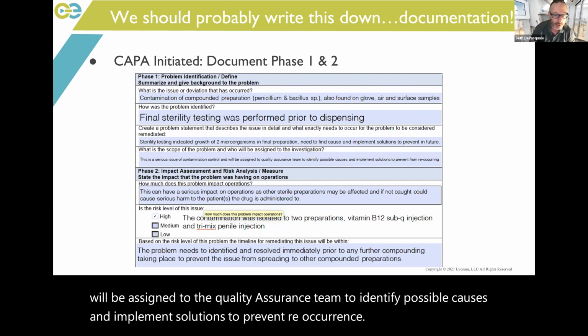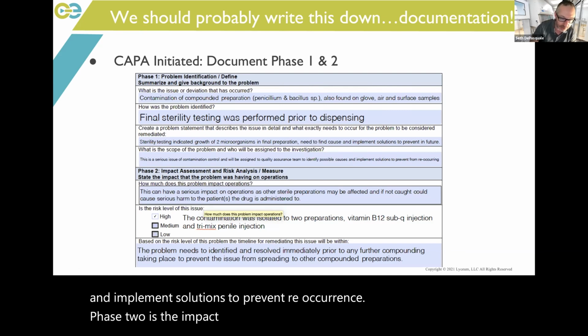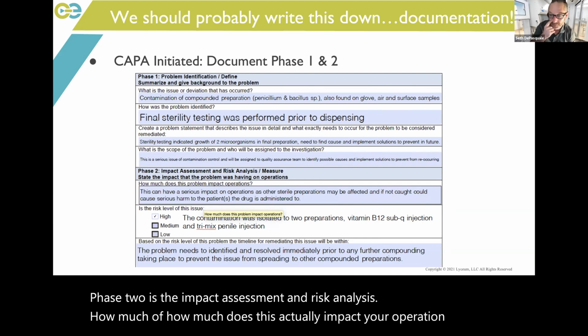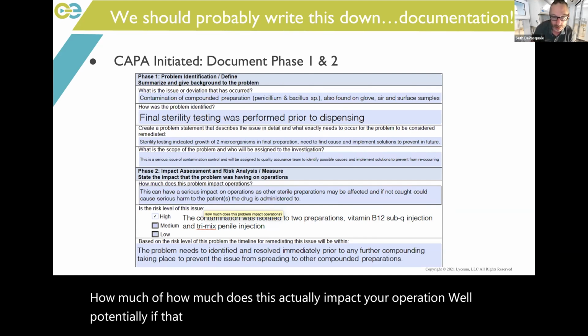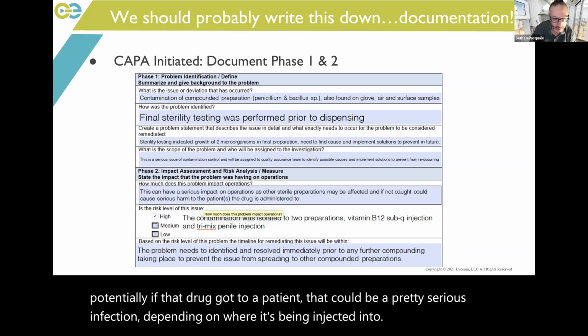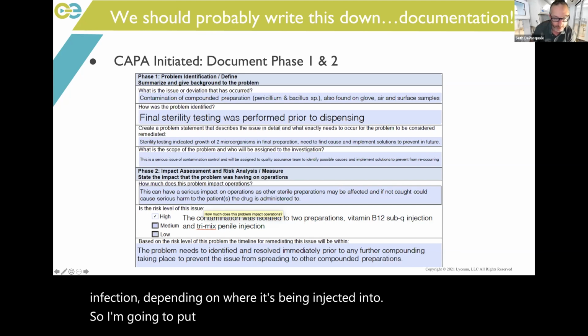Phase 2 is the impact assessment and risk analysis. How much did this actually impact your operation? Well, potentially, if that drug got to a patient, that could be a pretty serious infection, depending on where it's being injected. So I'm going to put that as a high level of risk.